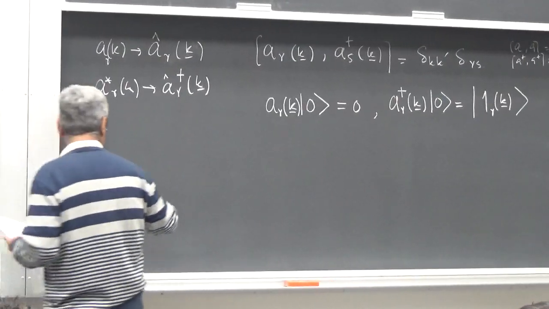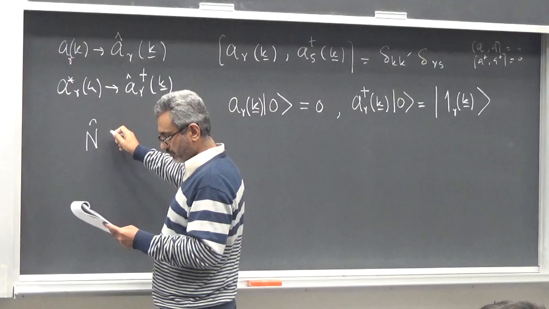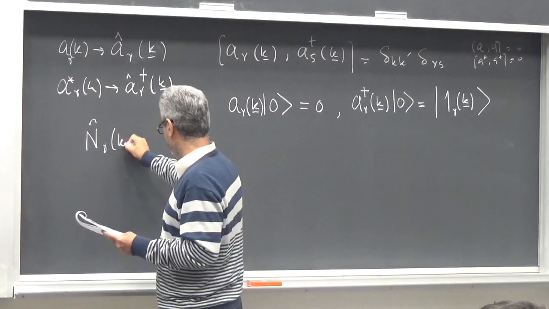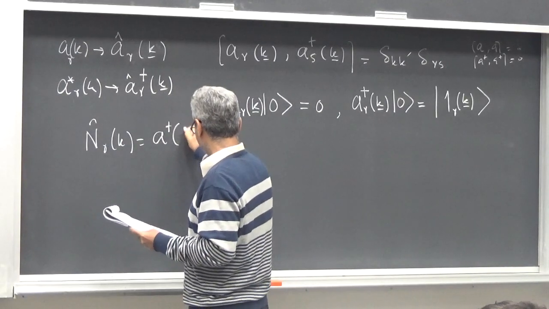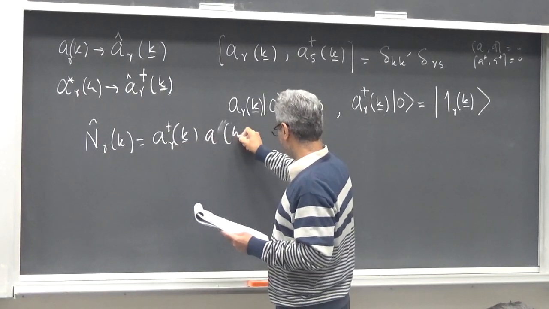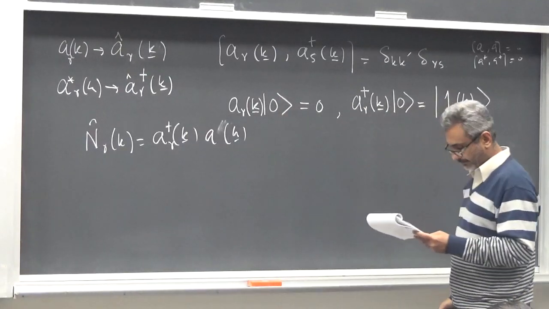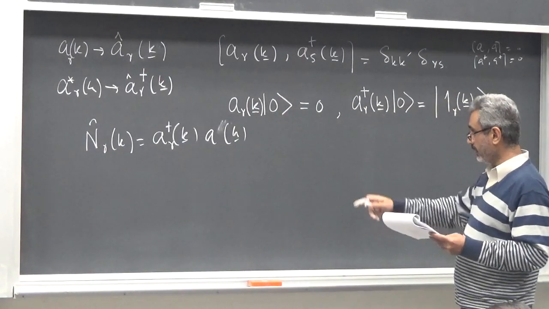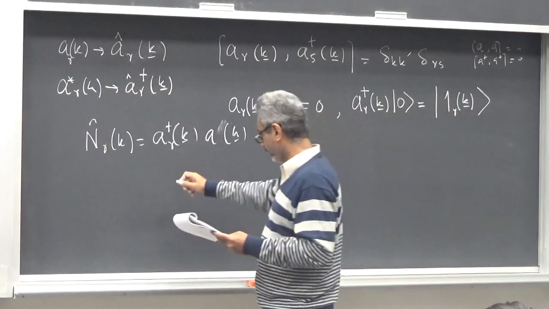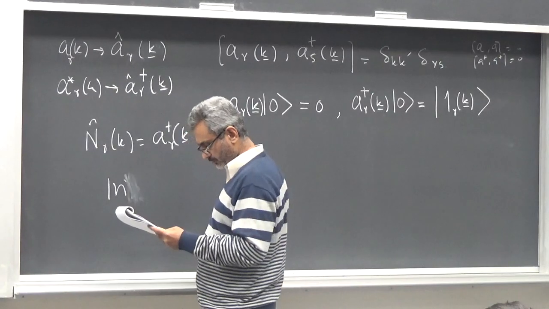And then, of course, you have the number operator. So the number operator, and this is all that we have done already. And so this is A dagger, K, A, K. And the eigenstates of this operator, how should I write this?